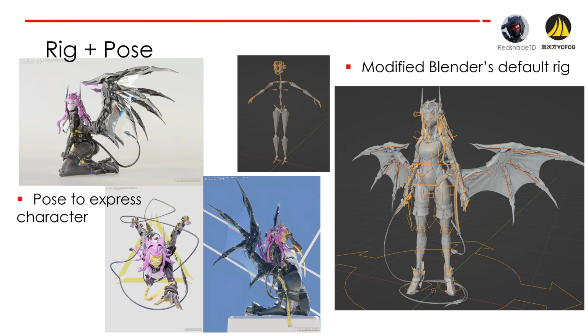You just want a basic rig for her so you can move her around in case you want to pose her multiple times. I want really fine control of her hair, so that's why I made a jungle of bones here to control her hair.